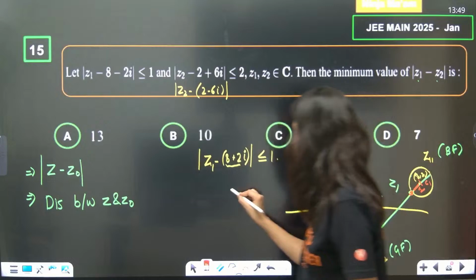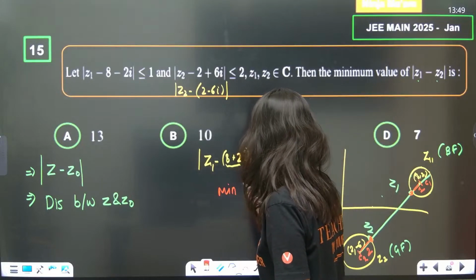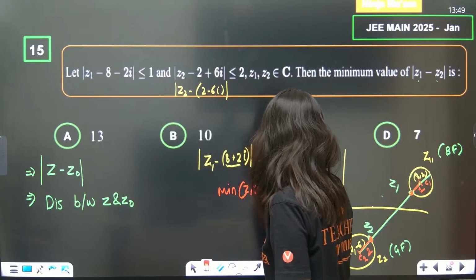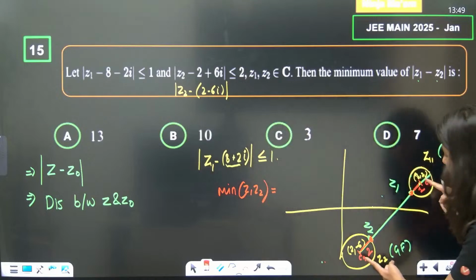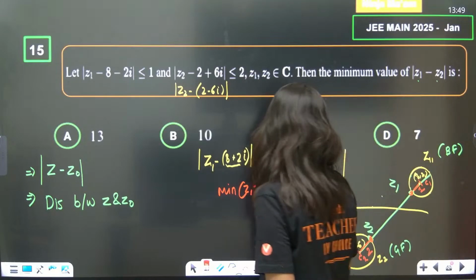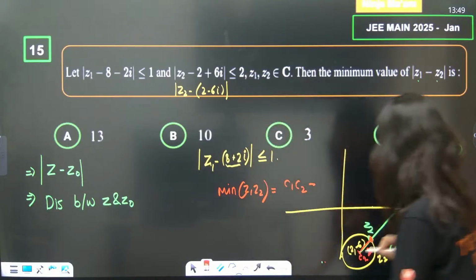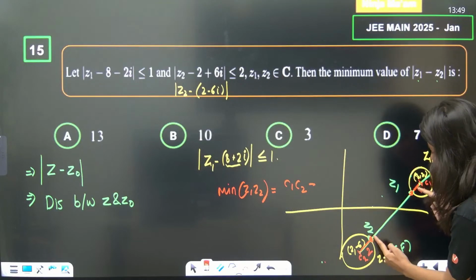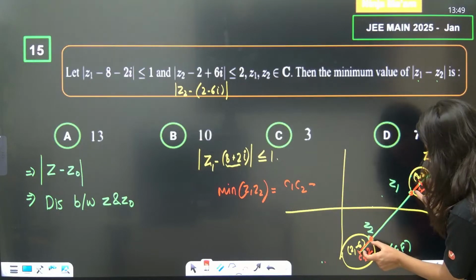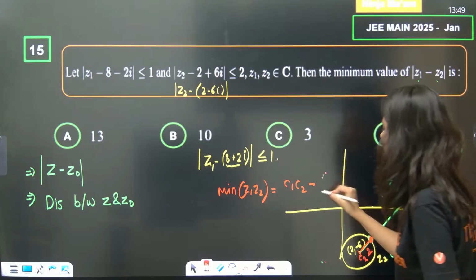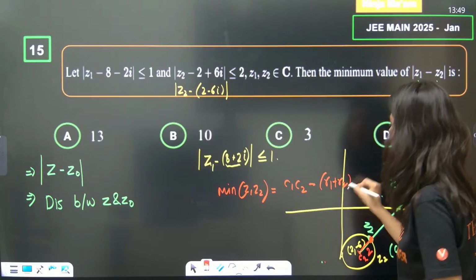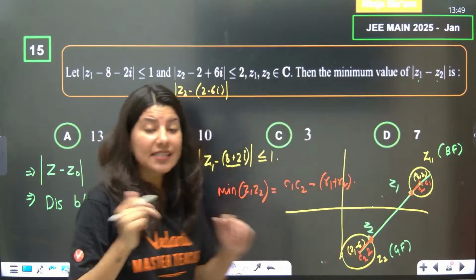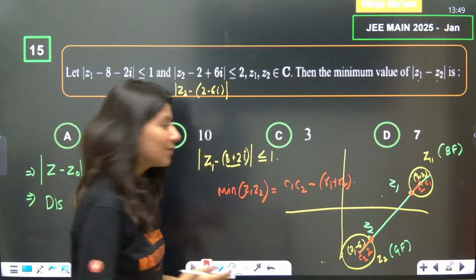So the minimum distance of Z1 and Z2 is equal to the distance between their centers, C1C2, minus the radii. This is the distance C1C2, but the minimum distance is this. So you need to subtract radius 1 and radius 2. This is the formula for minimum distance: distance between centers minus radius 1 minus radius 2.